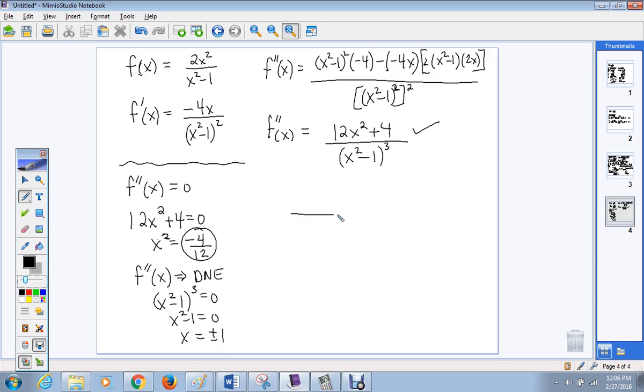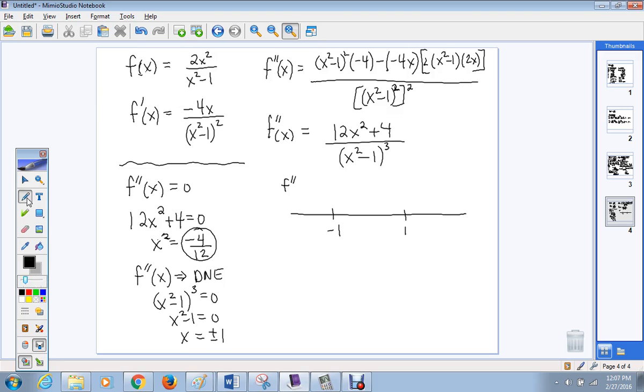So building our intervals from those possible points of inflection. And this time we're going to plug our values into the second derivative to determine concavity. But I'm going to use the same technique as what we did with the first derivative test.